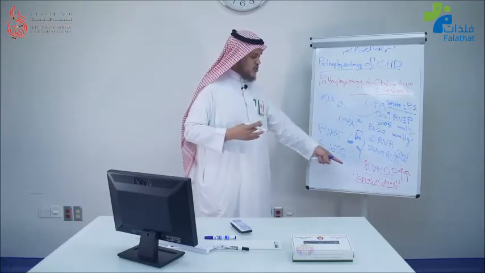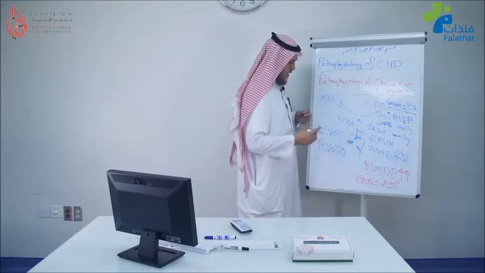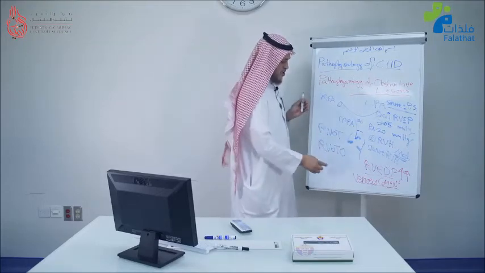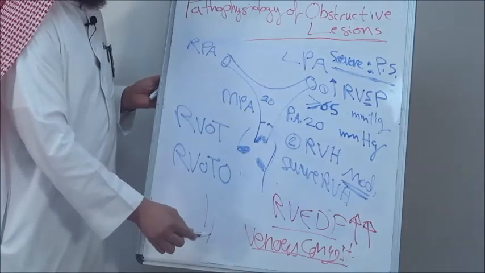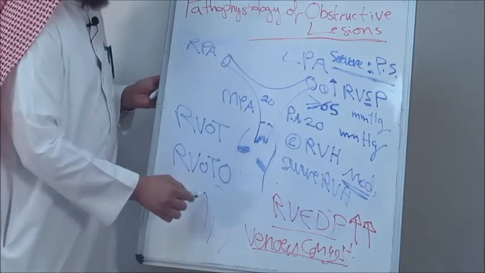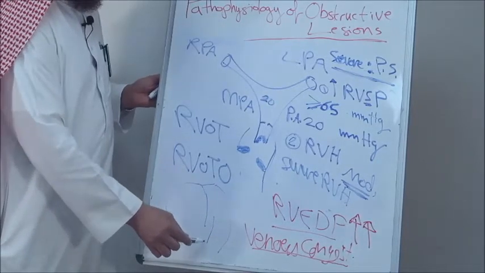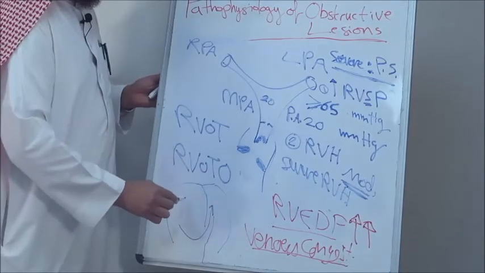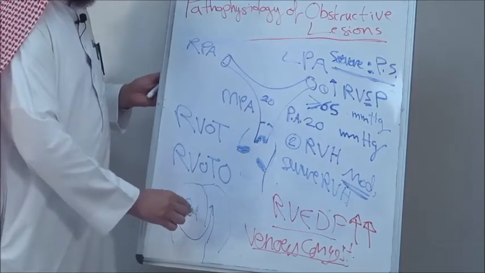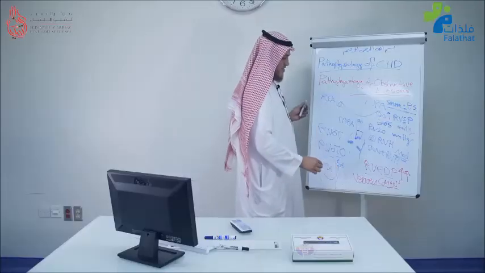We get the venous congestion, and at that stage, you may see the right to left shunt. If this is the atria, you may see the right to left shunt from the right atrium to the left atrium, causing the cyanosis.